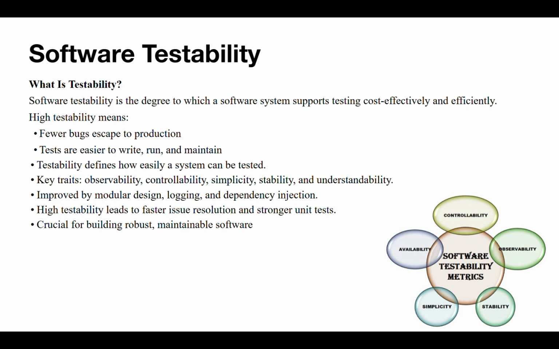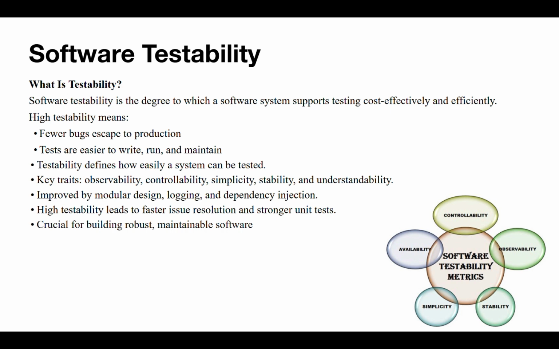Code with poor testability is hard to verify and often relies on global state and has hidden dependencies. Improving testability usually leads to better design, fewer bugs, and faster development cycles. So some of these things would be fewer bugs escaping to production, and tests that are easier to write, run, and maintain. Testability defines how easily a system can be tested.